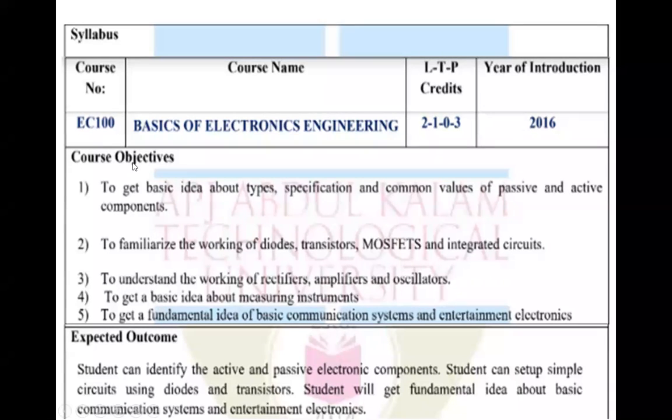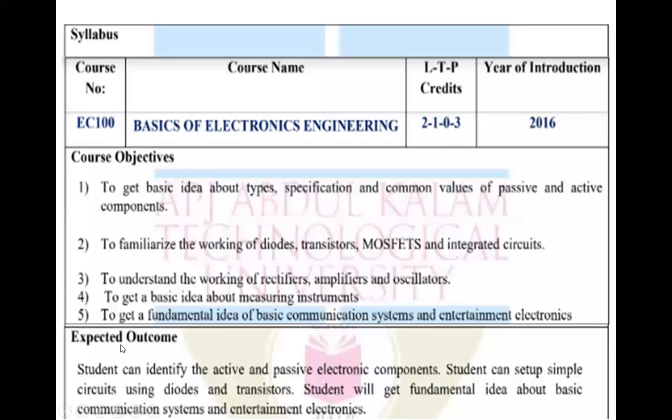Mostly we misunderstand this to be the course outcome, but this is not the course outcome. These are the instructions to the faculty members, the directions in which they should work to transfer the skills to the students.